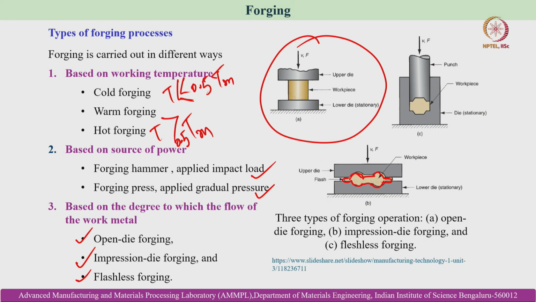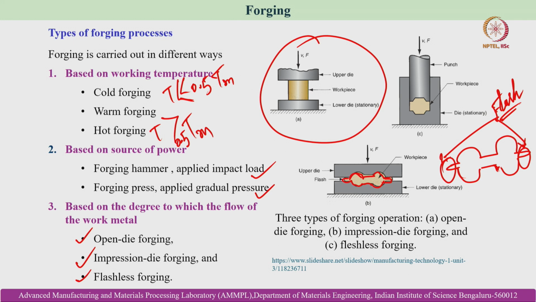This is basically the actual component for which the impression die is being used, and that impression is obtained in the component developed. So these are the flash regions. These two regions are termed as flash. Okay. So these are the flashes that are generated, and then the third variant is flashless forging.